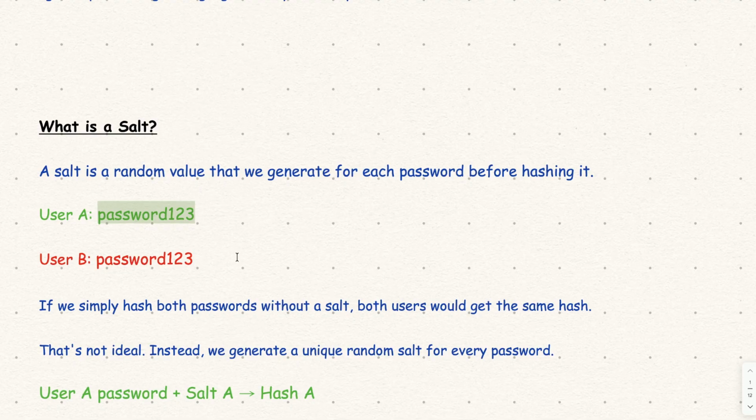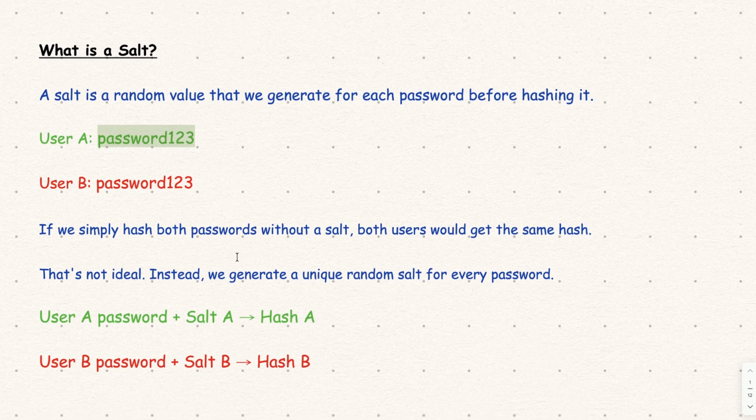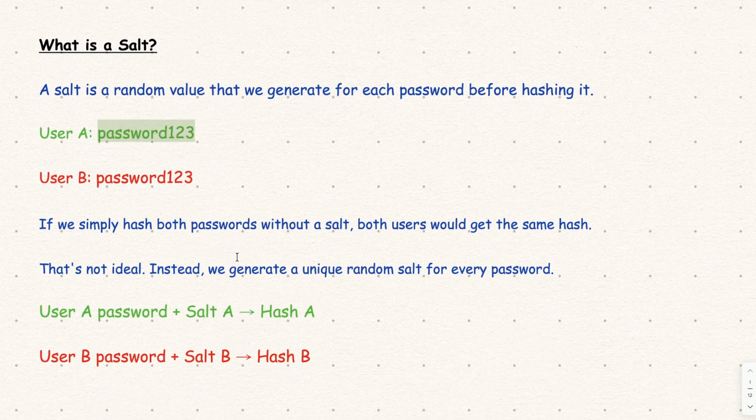So instead we generate a different random salt for each password. For the first user, we might generate one random salt, and for the second user, we generate another random salt. Even though their passwords are identical, the resulting password hashes will be different. That's one of the main purposes of using a salt. The salt does not need to be secret, so we can safely store it alongside the password hash, but we should generate a unique random salt for each and every password.